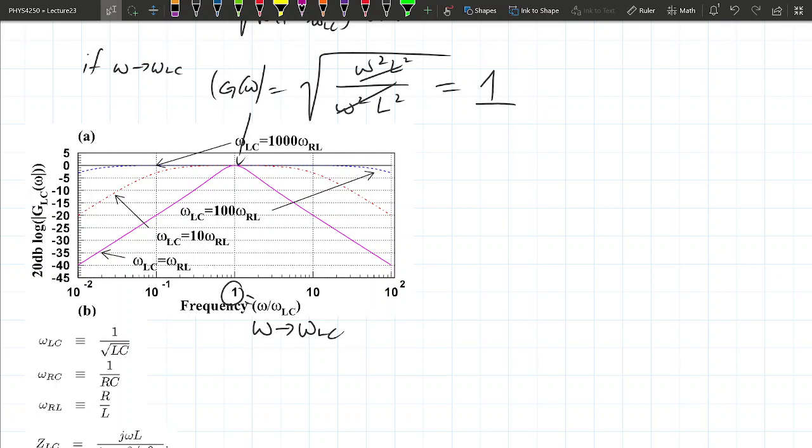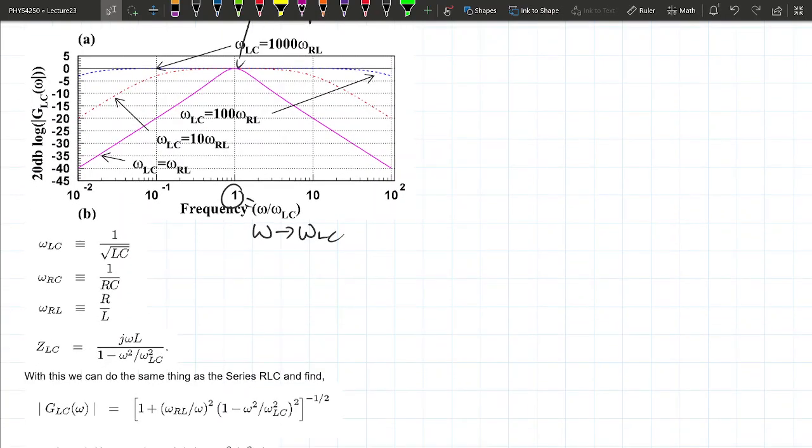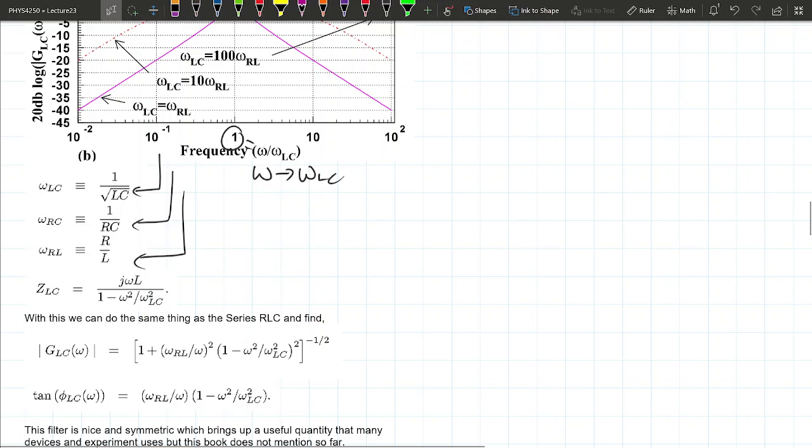All right. Just to highlight some of the important variables that the book shows you how to use: the resonant frequency is of course going to be exactly where omega is 1 over square root of LC. Omega RC is the same one as that decay constant that you already dealt with.